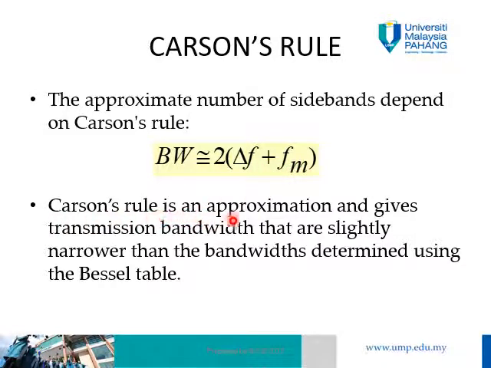Carson's rule is an approximation and gives transmission bandwidth that is slightly narrower than the bandwidth determined using the Bessel table. There is a slight difference in the answer, but it is negligible. So we can use both the Bessel table and Carson's rule to determine the bandwidth of an FM signal.